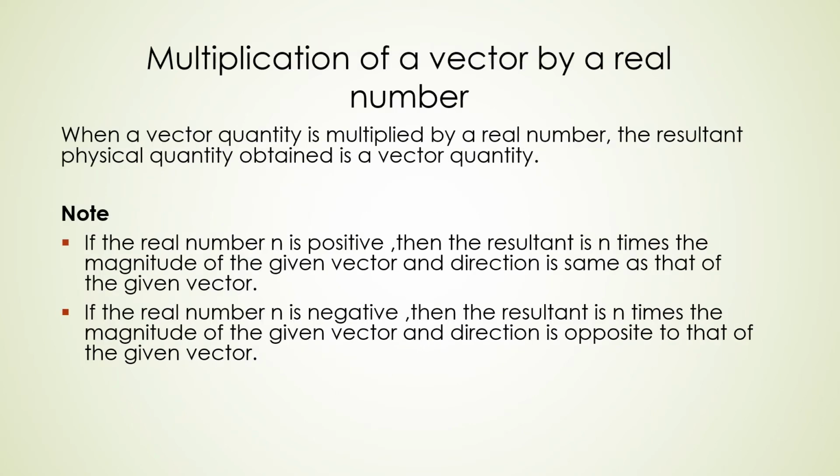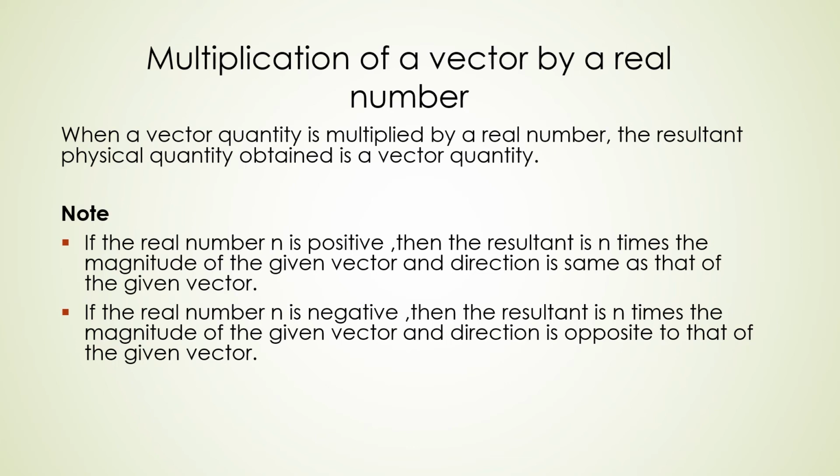Let's study the multiplication of a vector by a real number. When a vector quantity is multiplied by a real number, the resultant physical quantity obtained is a vector quantity.